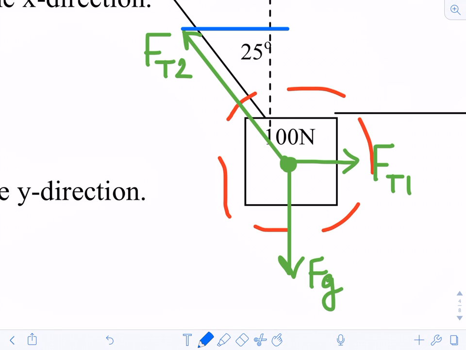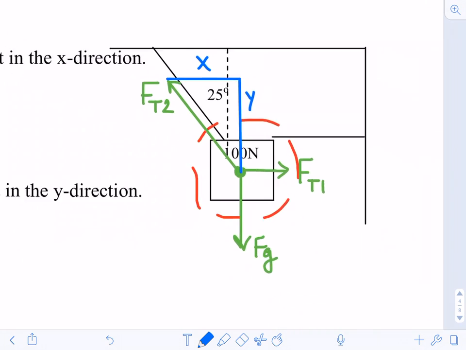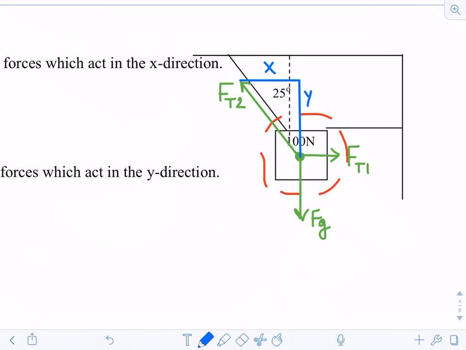We break it up into its x component and its y component. Because that x component we know should cancel with the first tension force. And this y component we would expect to cancel with that force of gravity.